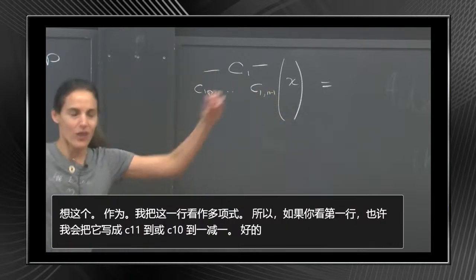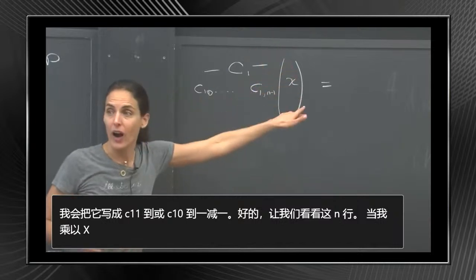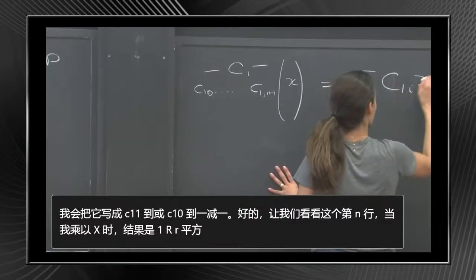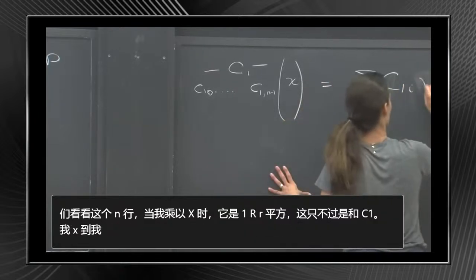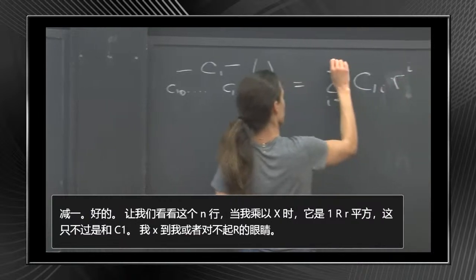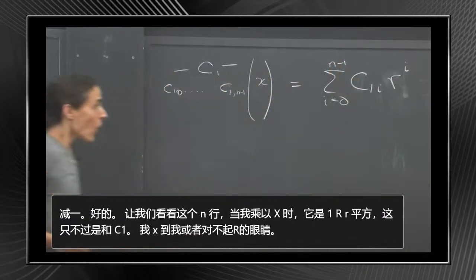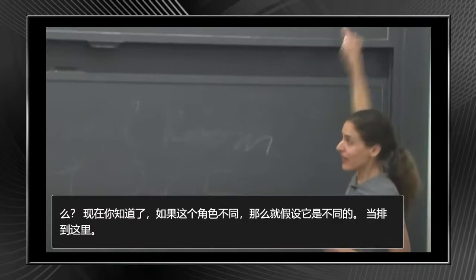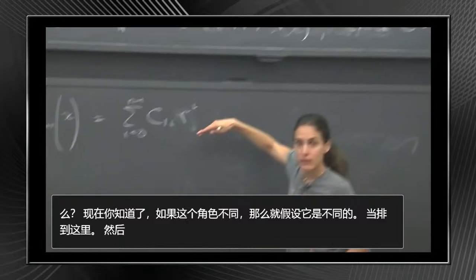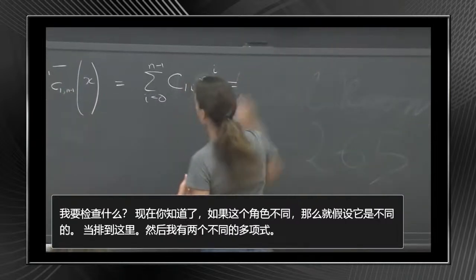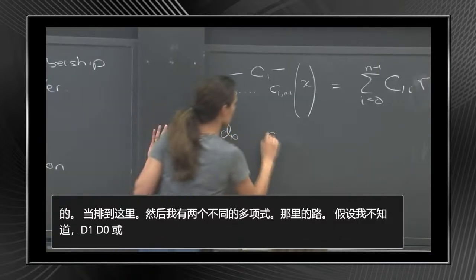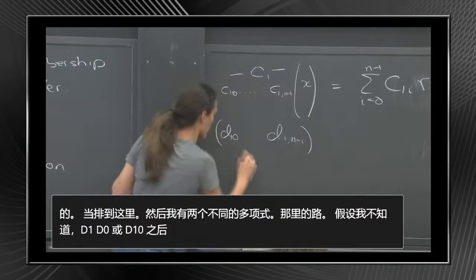When I multiply by X, which is 1, R, R squared, this is nothing but the sum of C1i times R to the i. So now if this row is different than the row here, then I have two different polynomials. If I write the row as D10 up to D1,n minus 1, this is the row corresponding to A times B.